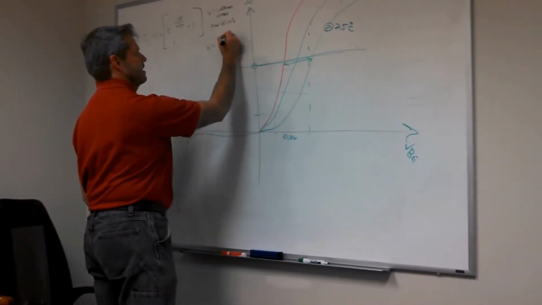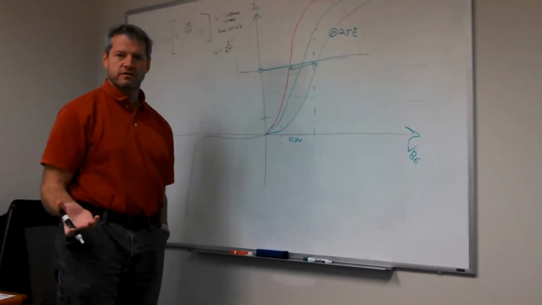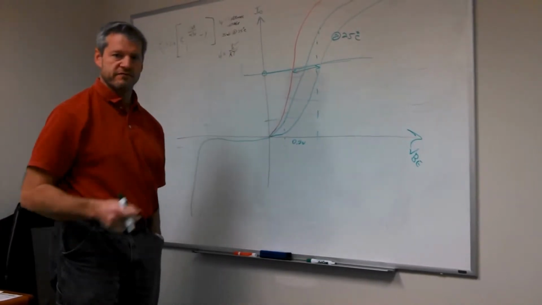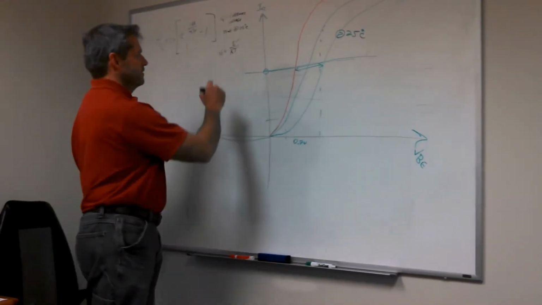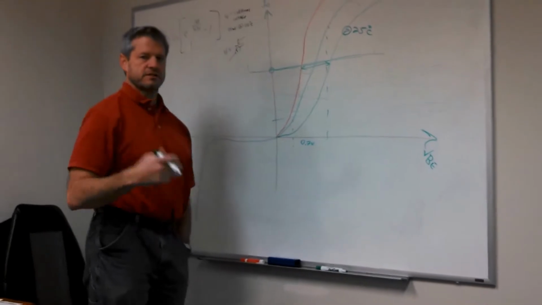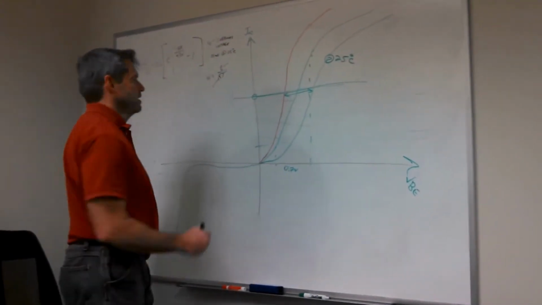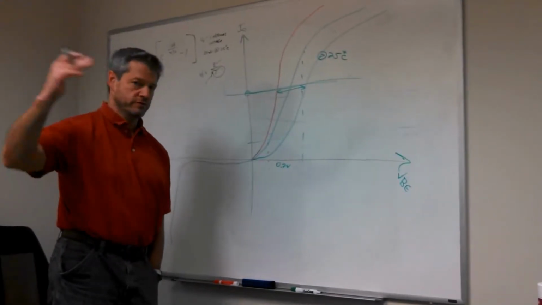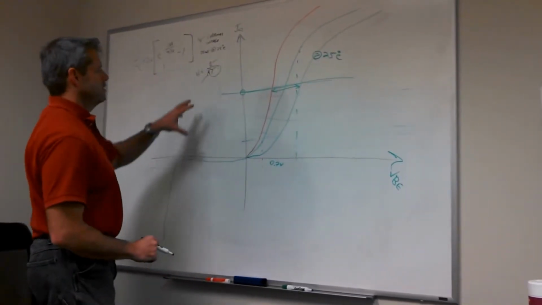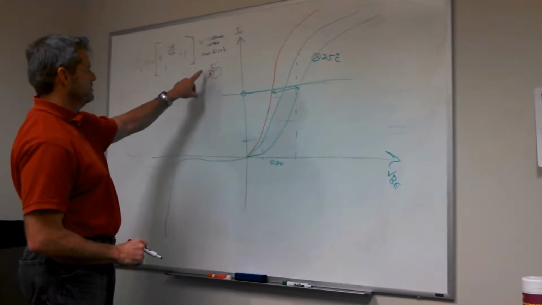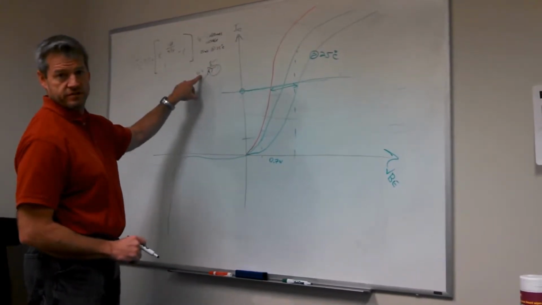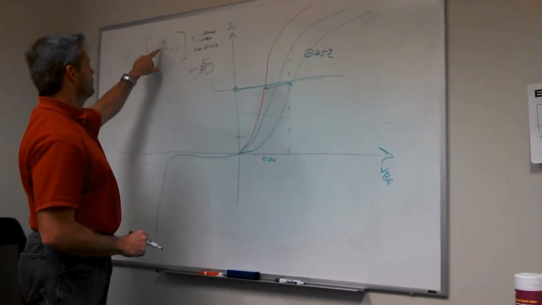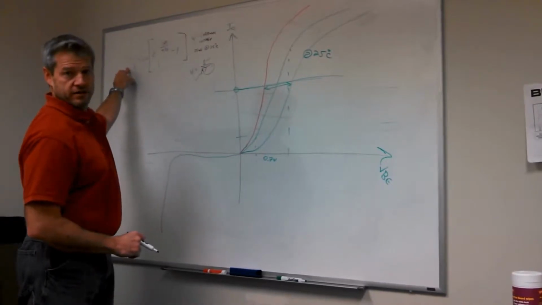Q is the elementary charge of an electron, so it's about 10 to the negative 19th. K is Boltzmann's constant, about 10 to the minus 23rd. And T is your absolute temperature in Kelvin. So as your temperature changes, your VT changes, which is going to have an effect on the collector current.